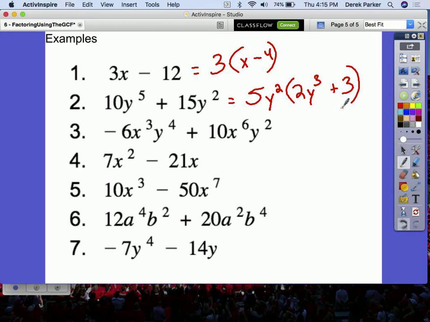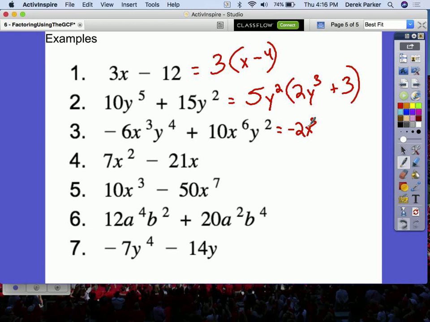Number 3. I first look at the coefficients. The greatest common factor of negative 6 and 10, I would say, is negative 2. X to the third power and x to the sixth power, x to the third power.